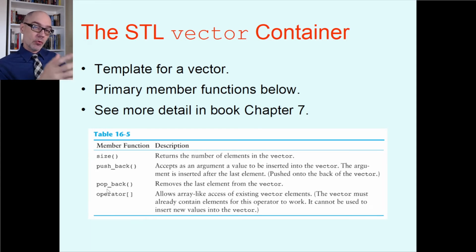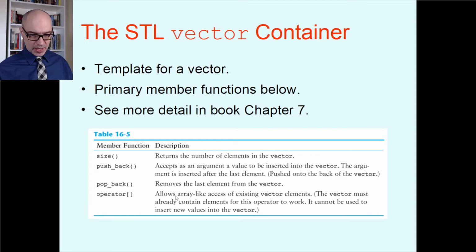You want to remove stuff from your vector. The function for that is called pop_back, where you're removing the last element from the vector, and the vector looks like it's getting smaller. Okay, so you can add stuff with push, you can remove stuff with pop. And then they've also overloaded the operator subscript brackets. We said you could do that back in chapter 14 when we were talking about overloading operators, and they've done that here so that a vector looks like an array.